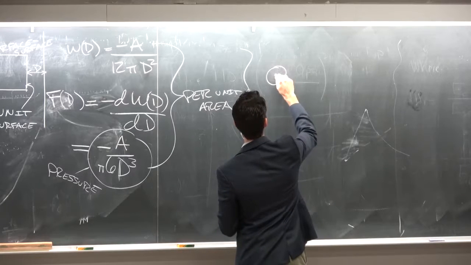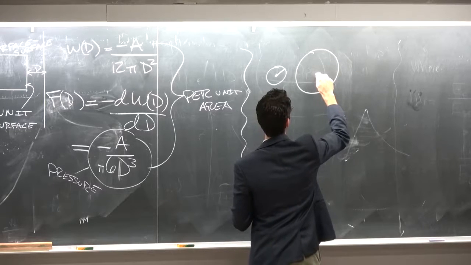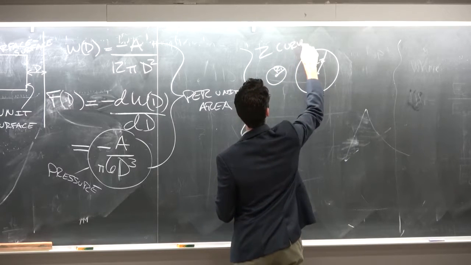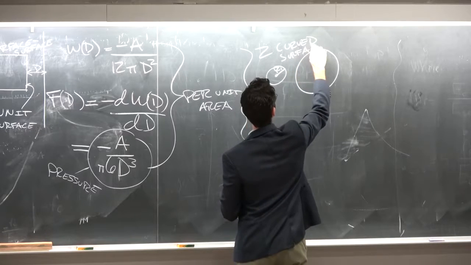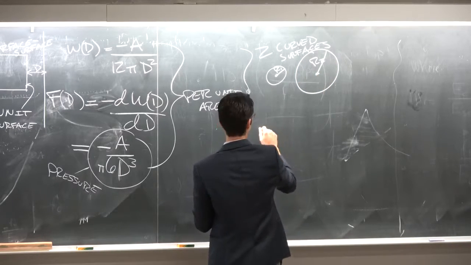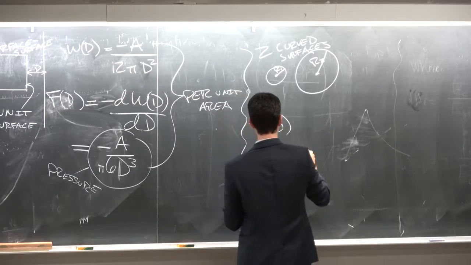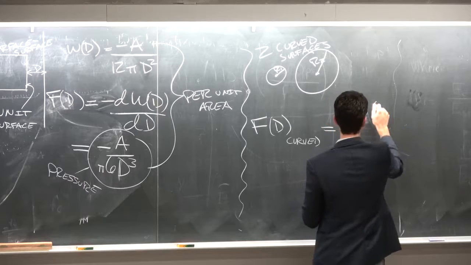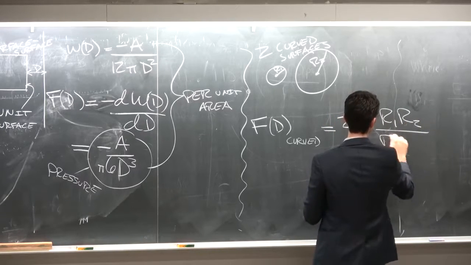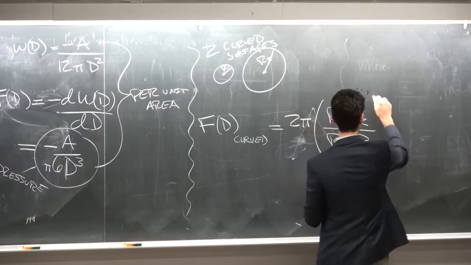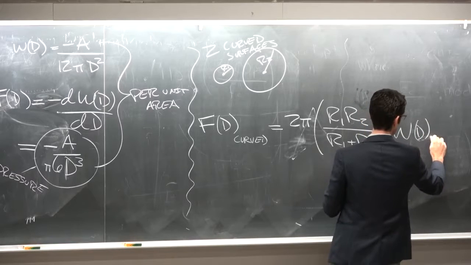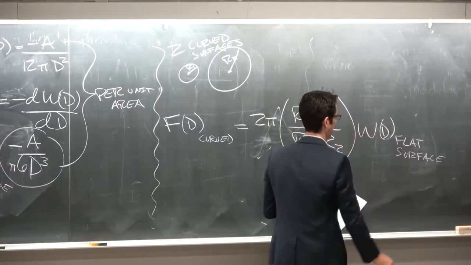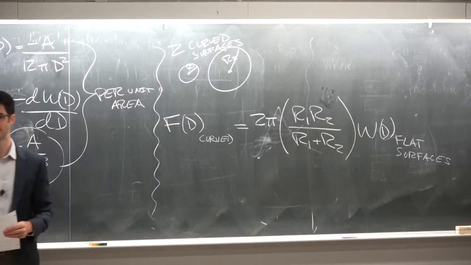And what I'm going to tell you is that if you have two curved surfaces with radii R1 and R2, the force between the curved surfaces equals 2 pi times R1 R2 over R1 plus R2 times the energy per unit area between flat surfaces of the same type.